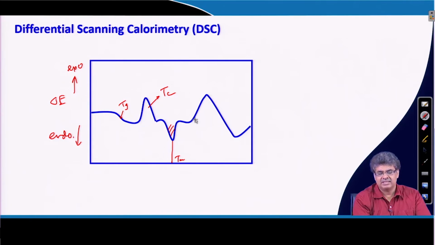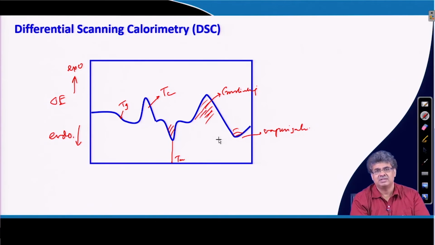others, like in this case we are talking about cross linking, and this is maybe evaporation or vaporization of polymer. And sometimes if some reaction is happening which is either endothermic or exothermic, that can also be observed using DSC.